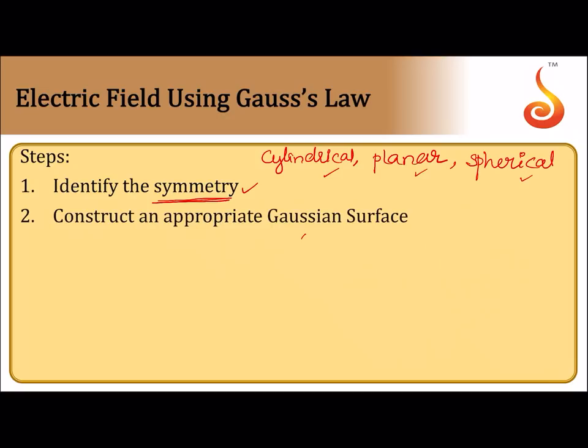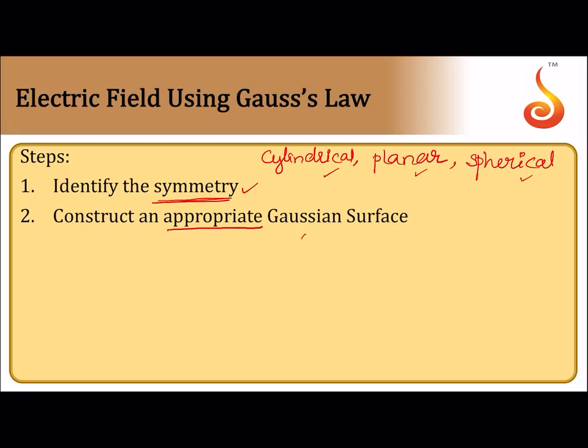Once we do that, the second step is to construct an appropriate Gaussian surface around the charge. Remember, an appropriate Gaussian surface has to be drawn. If it is a cylindrical symmetry, that is for a line of charge, construct a coaxial cylinder.